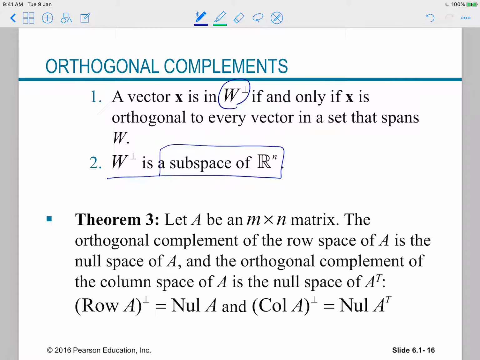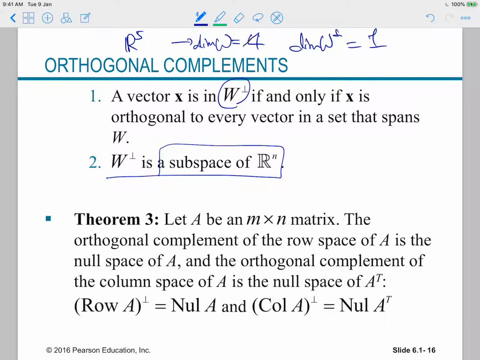And if W is spanned by 4 linearly independent vectors, maybe out of R5, then the dimension of W is 4, and W perpendicular, the orthogonal complement to this W, is spanned by only one linearly independent basis vector, right? And if it is 3, then it will be 2. So the sum of the dimensions of these two subspaces W and W perpendicular will always add up to the dimension of the entire vector space, which is 5.